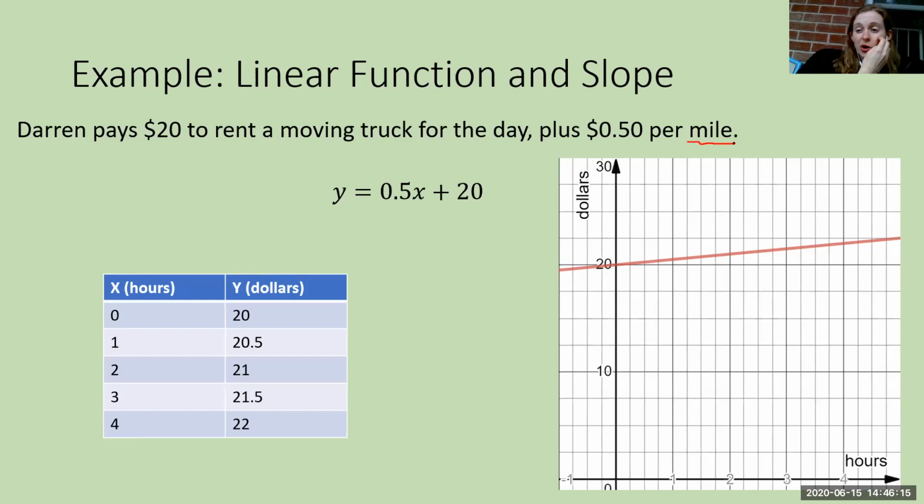Because it's 50 cents per mile. The bill is gonna depend on the number of miles. And then his total bill, the total amount he has to pay, will be the dependent variable, the output variable. So we have this relationship here between the number of miles that he drives and the total amount that he has to pay.